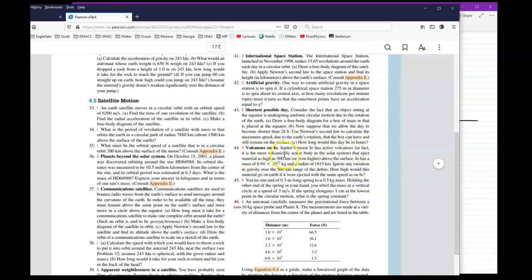In fact, it is the most volcanically active body in the solar system, ejecting material as high as 500 kilometers or even higher above the surface. Io has a mass of 8.94 times 10 to the 22nd kilogram and a radius of 1,815 kilometers. Ignore any variation of gravity over the 500 kilometer range of the debris. How high would this material go on Earth if it were ejected with the same speed as on Io?